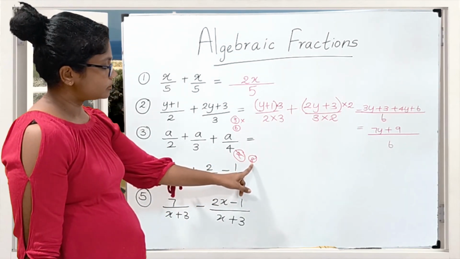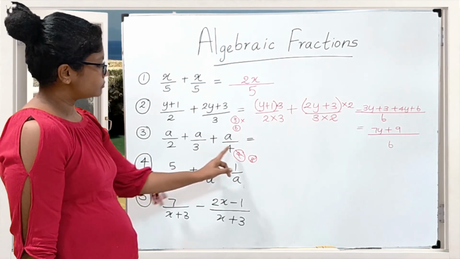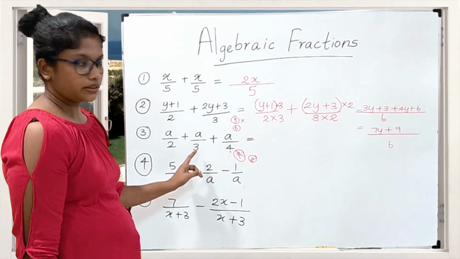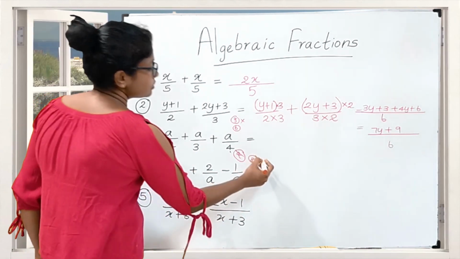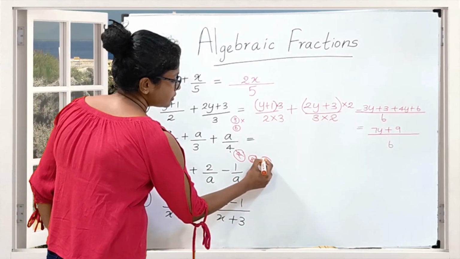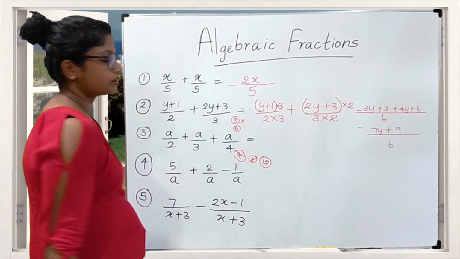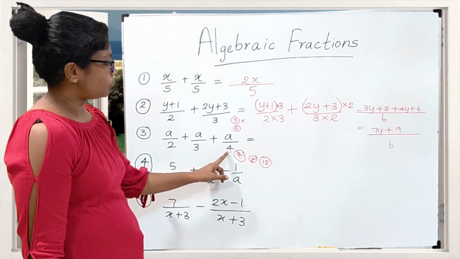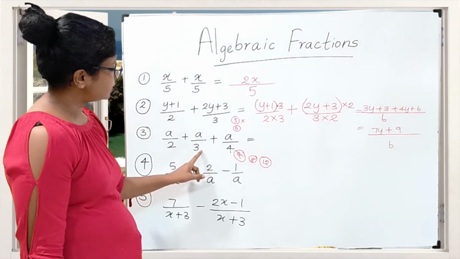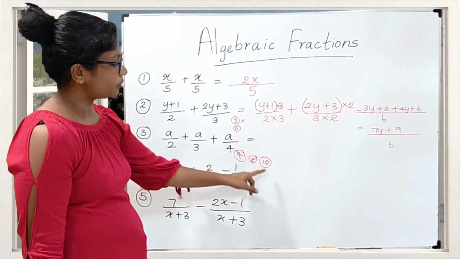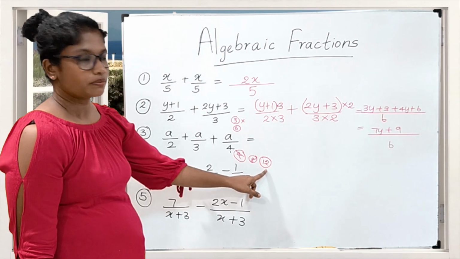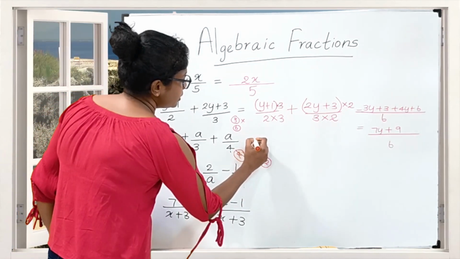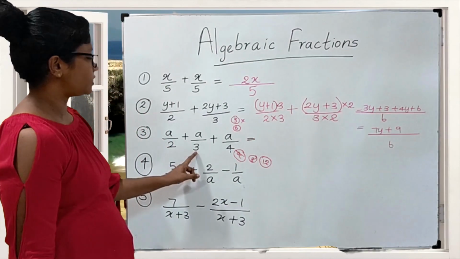Can we get 8? No. The same thing. We can't divide it by 3. Then 12. Yes. 2, 3, 4, all these we can divide into 12. So the common denominator here is 12.